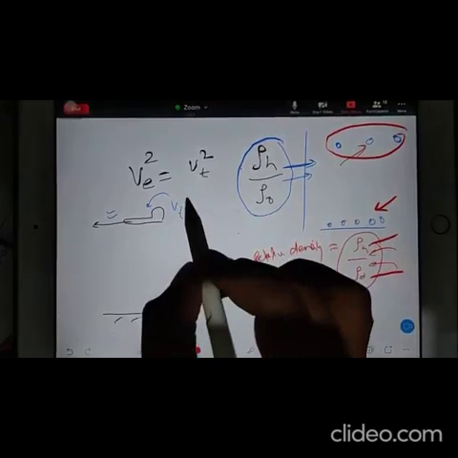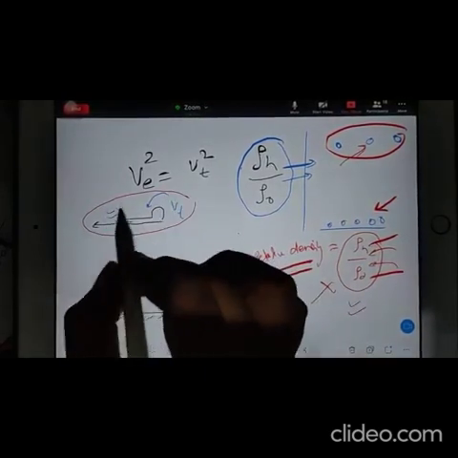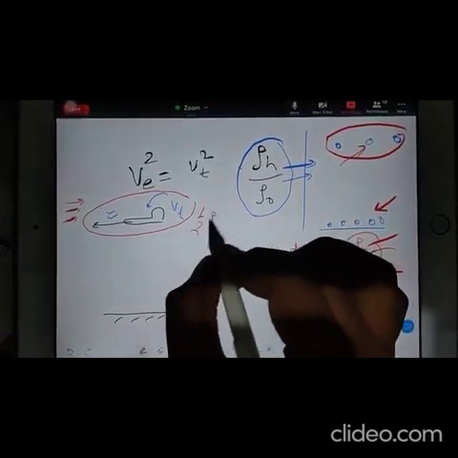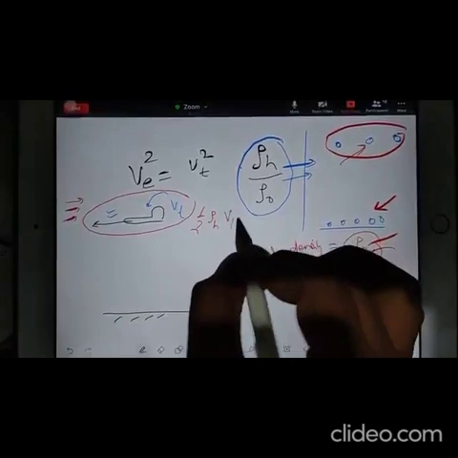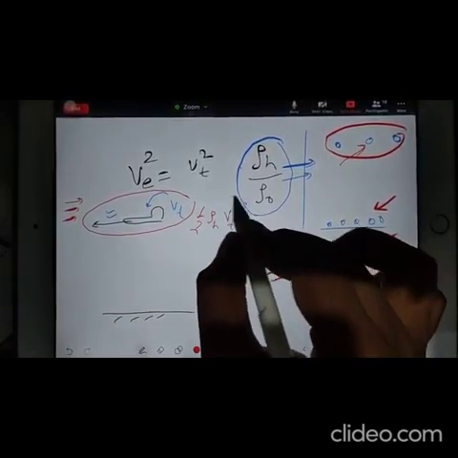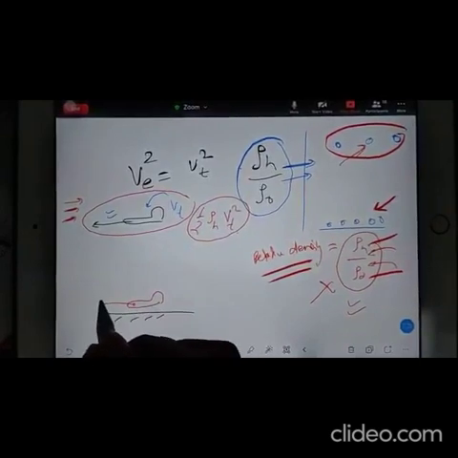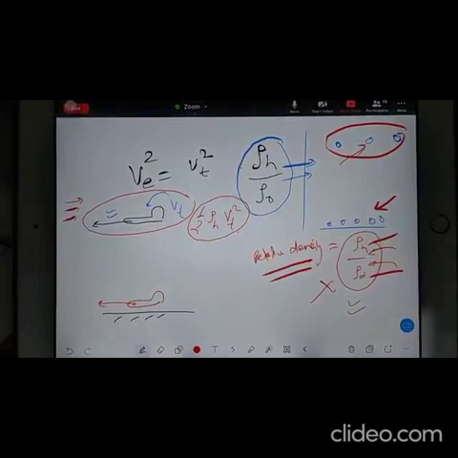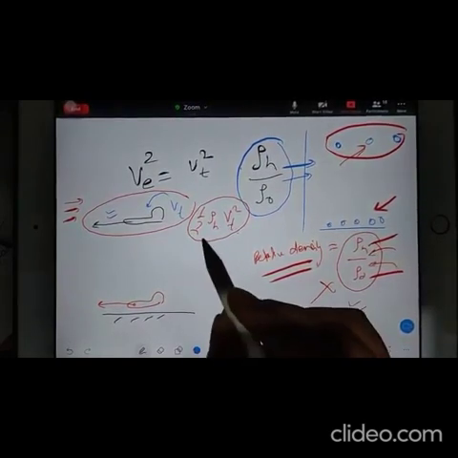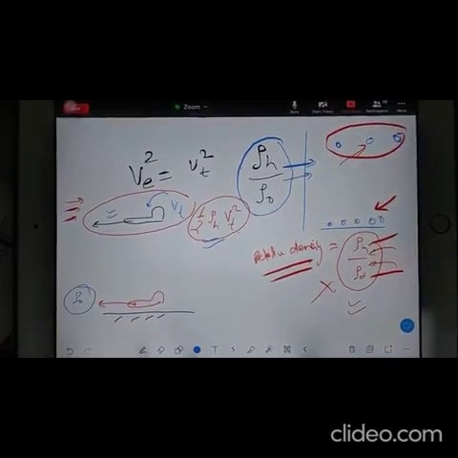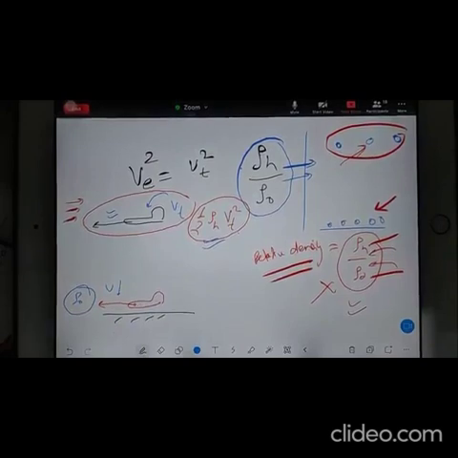Equivalent speed means when the flight is moving, it will be bearing some dynamic pressure. That dynamic pressure is half rho at the height and true speed square. To achieve the same dynamic pressure, how fast will the same flight go in this direction at mean sea level? At mean sea level, density is rho naught. Density is more at sea level, so of course your velocity should be less.